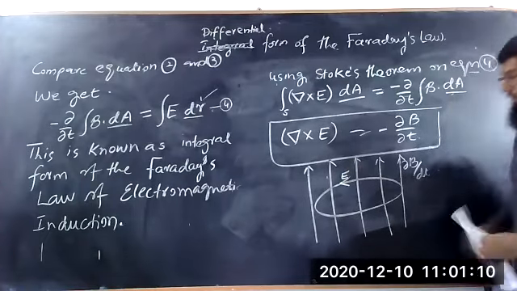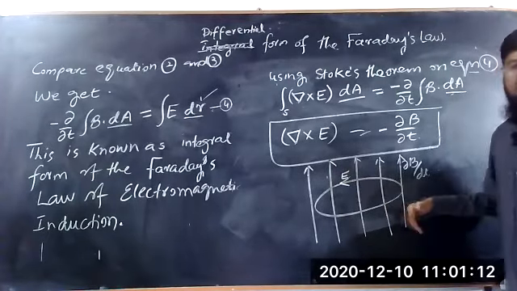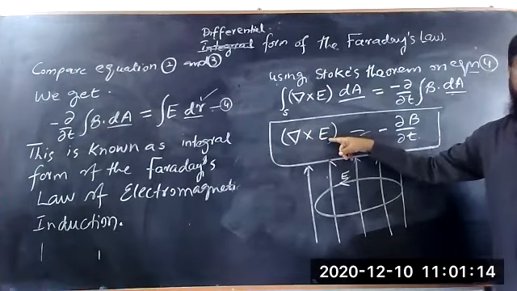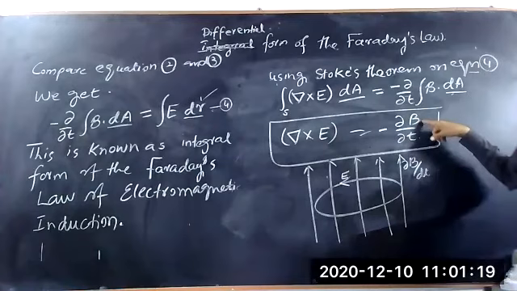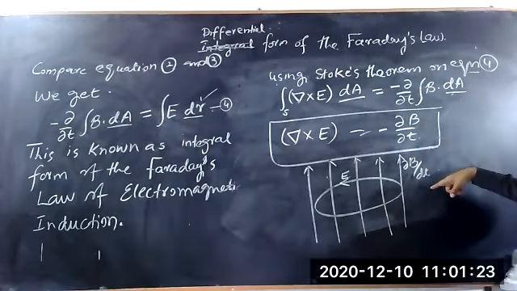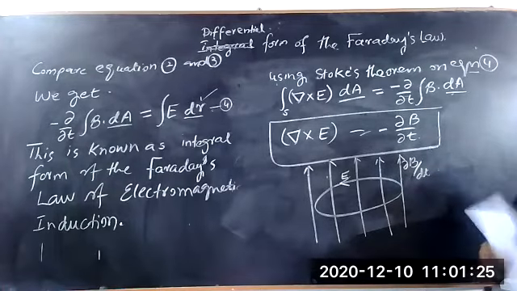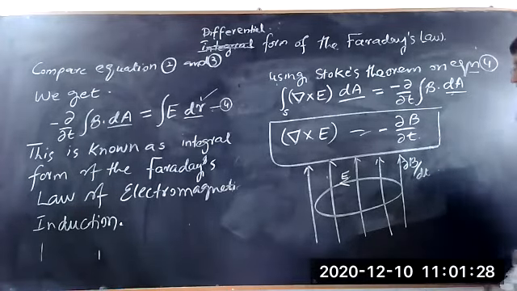The electric field will be produced in this direction. This is known as the rotation of the electric field, and it is because of the rate of change of magnetic field. This is known as the differential form of Faraday's law.